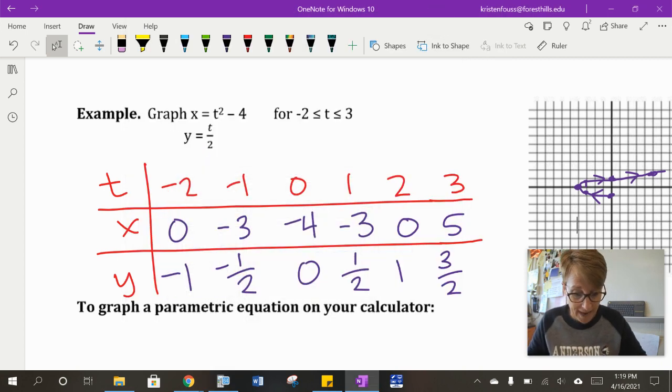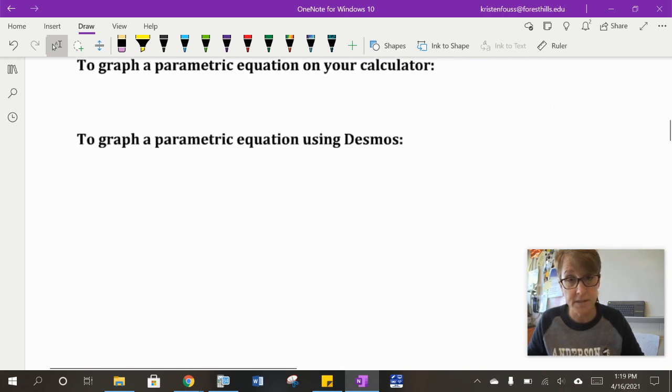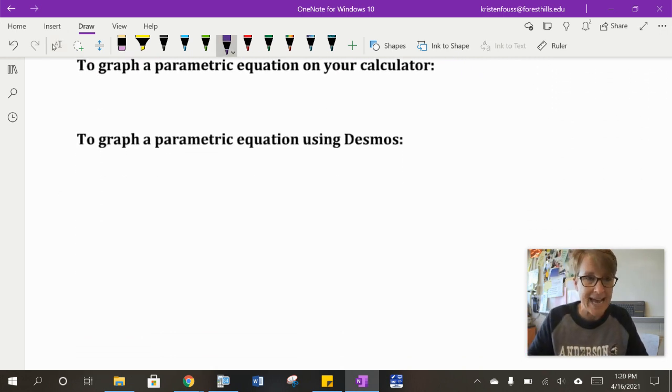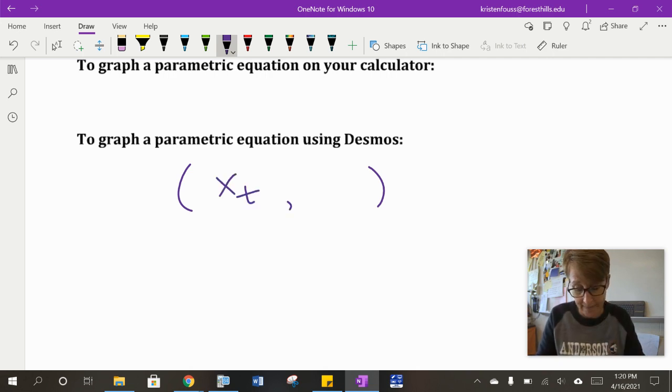Okay, to graph on Desmos, Desmos doesn't have a setting for parametric. You can't just do x equals and y equals. So instead on Desmos, we'll type in our x equation and then our y equation, really in the form of a set of coordinates.